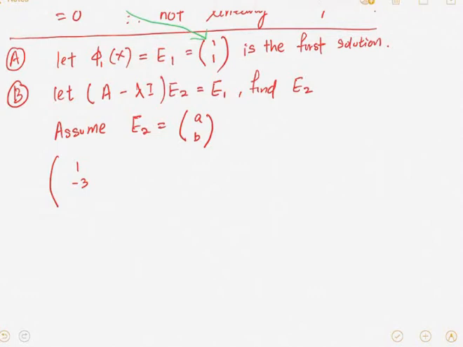So this is A, and you write down A minus lambda I. Lambda is 4, so 4 times I, where I is the identity, 1, 0, 0, 1 for a 2 by 2 matrix.